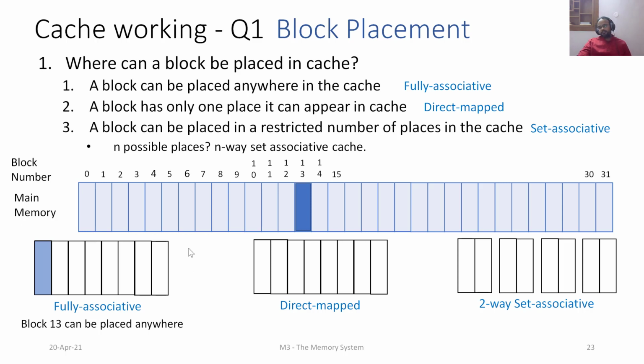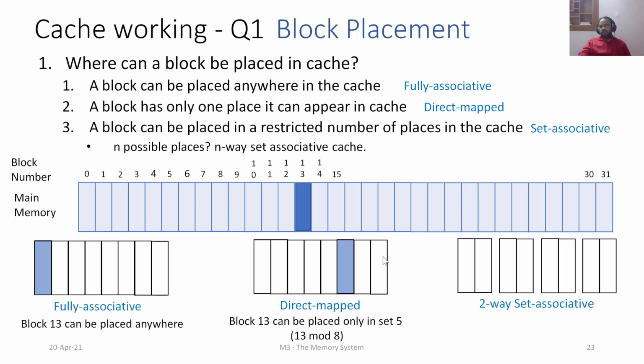When it comes to the direct map cache, there is one and only one specific place where we can place this block. And how do we find that out? We take the block address here, 13, and here we have 8 rows. We also call them sets in this direct map cache. So we look at the remainder of 13 upon 8, which is 5. So this particular block 13 can be placed in only set 5.